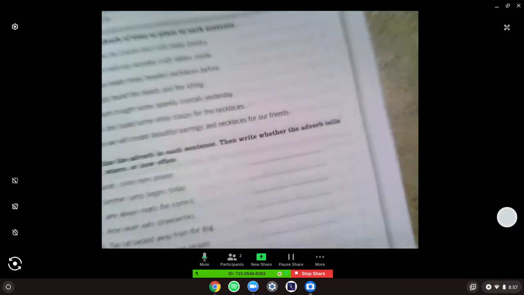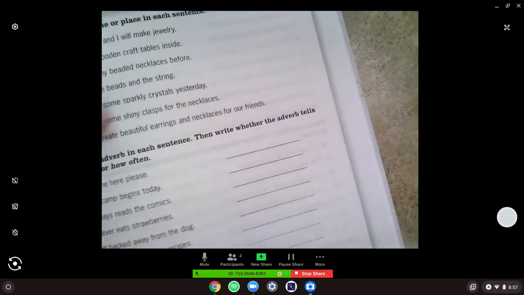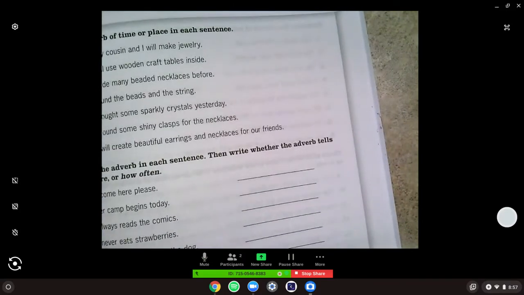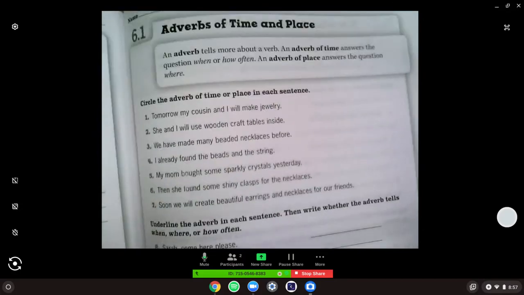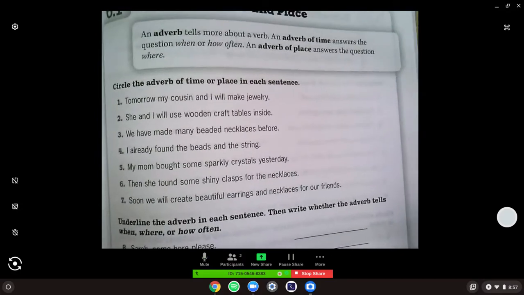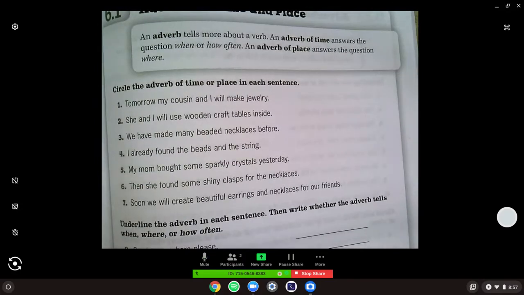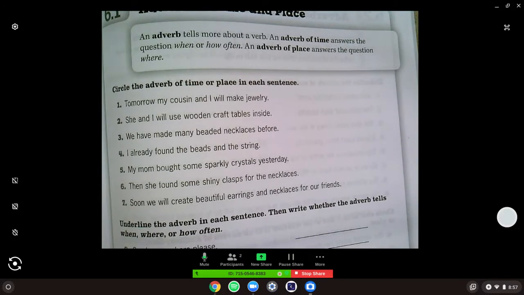You are looking for page, was it 95 we wrote down? Yeah, and 95 and 96.